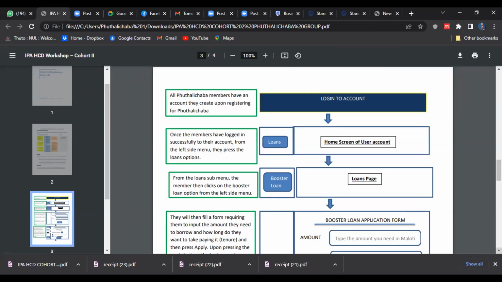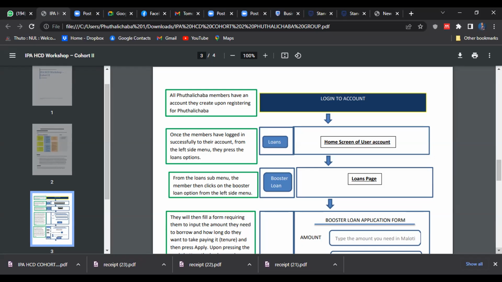So the first thing you do, you'll have to log into your account. After putting your username and password, then you'll be able to find the home screen.